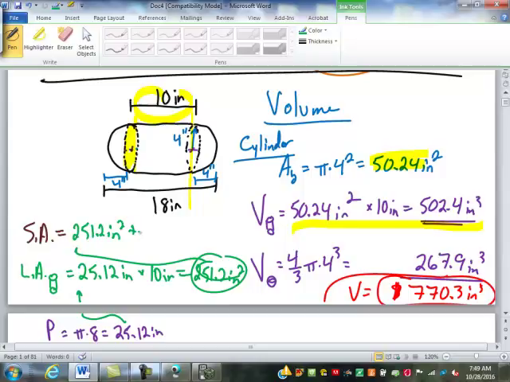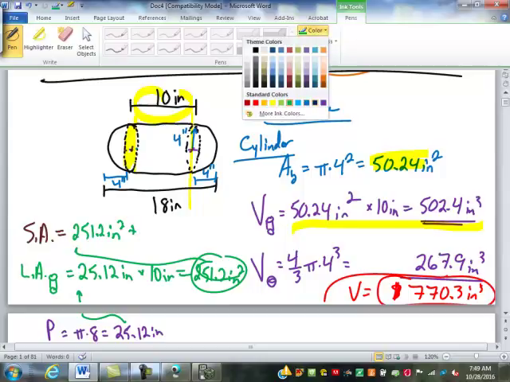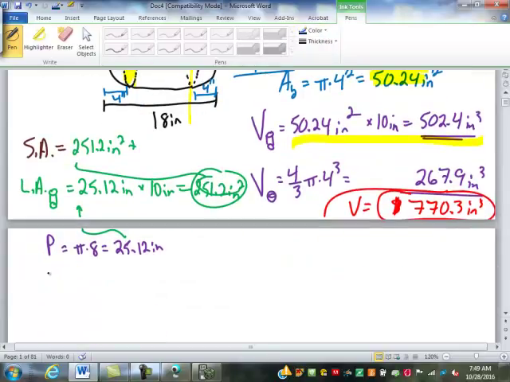To that, we're going to have to add the surface area for our sphere. So surface area for a sphere is 4 pi times radius squared.